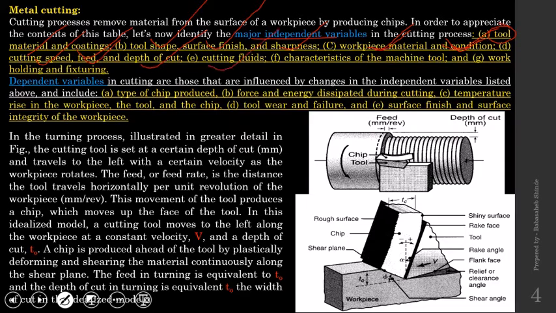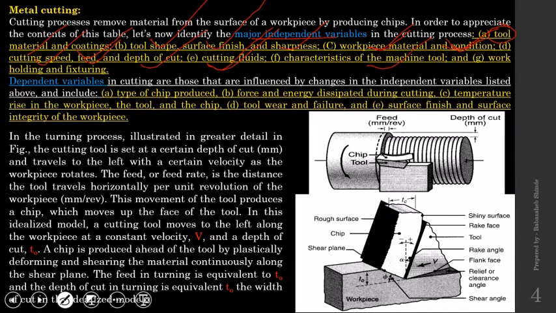You can choose the cutting fluids or cooling fluids or coolants. We can call them coolants. The method of application of the cutting fluids, that also you can choose, whether it is flood cooling, mist cooling, or in absence of coolant.